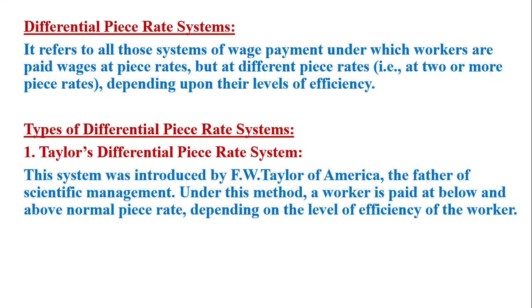Differential piece rate system means workers are paid wages at piece rate but at differential piece rates. These differential piece rates may be 2 or more than 2 piece rates. It depends upon the level of efficiency of the workers. Based on the level of efficiency, the piece rate will also vary. That is called the differential piece rate system.